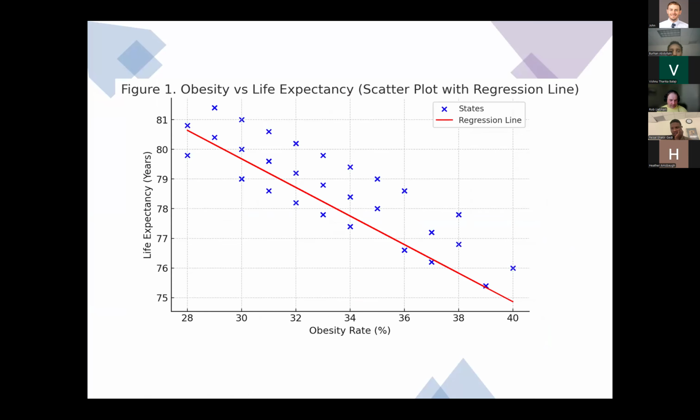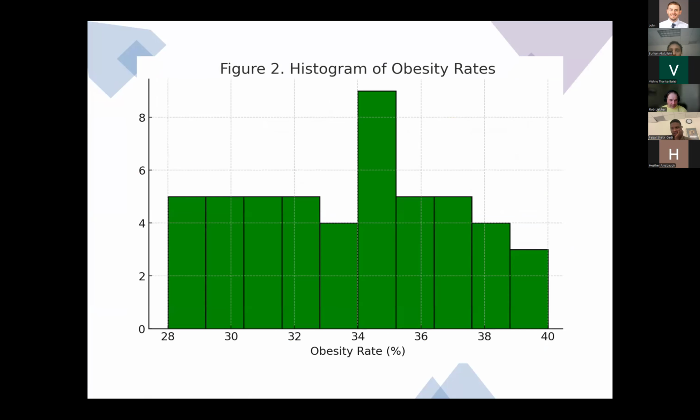Also, this figure shows the scatter plots with regression line for obesity and life expectancy. The next one was histogram of obesity rate, where you can see the obesity rate on the y-axis, on the x-axis.